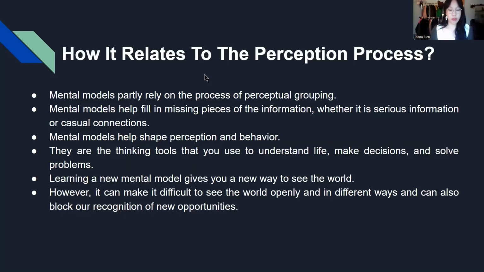And perceptual grouping is all the previous stuff that I had already mentioned. Mental models can help fill in missing pieces of the information, whether it is serious information or casual connections. Mental models help shape perception and behavior. They are thinking tools that you use to understand life, make decisions, and solve problems.